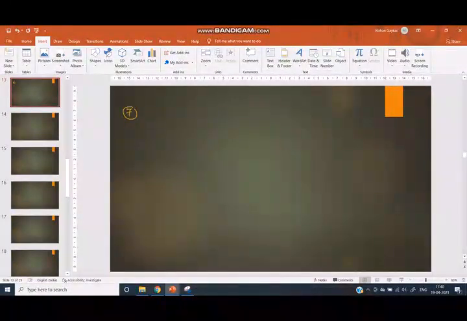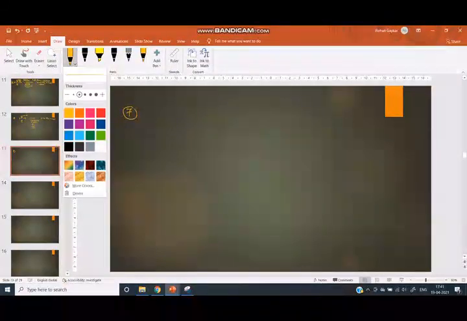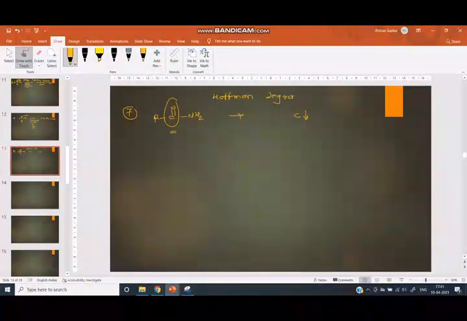This is the seventh reaction for preparation of amine. Here we use amide. Here we remove this CO, means here one carbon is decreased, means it is a degradation, and the name of the reaction is Hofmann degradation. The reagent used for Hofmann degradation is Br2 and KOH.